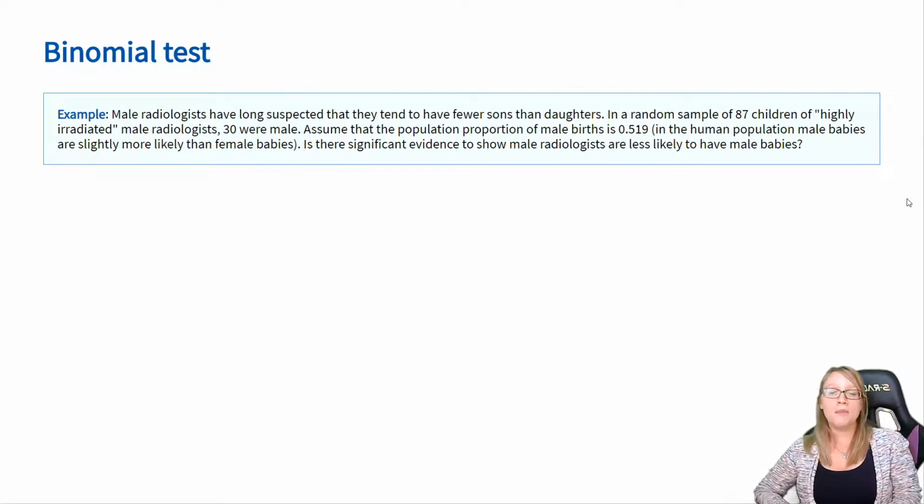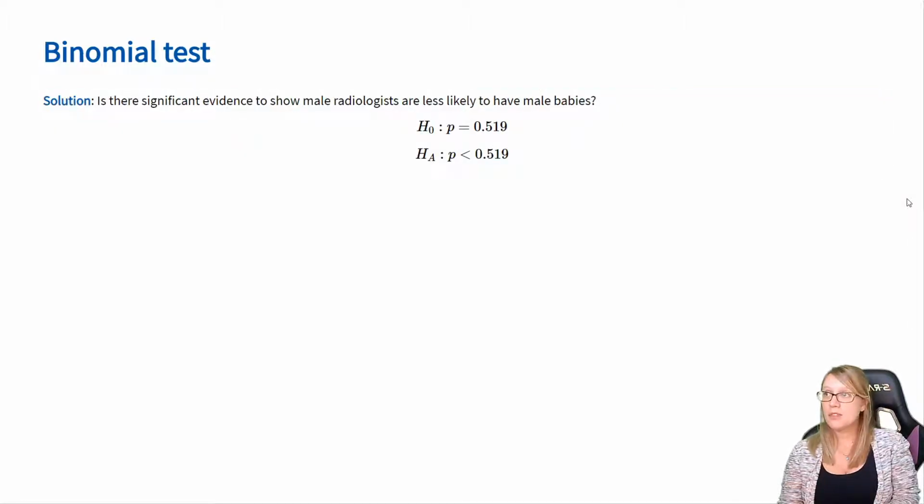In a random sample of 87 children of, quote, highly irradiated male radiologists, so ones that had experienced quite a bit of exposure over their careers, 30 of those children were male. We'll assume that the population proportion of male births is 51.9%, which is pretty close to the human population. Male babies are slightly more likely. Is there significant evidence to show that male radiologists are less likely to have male babies?